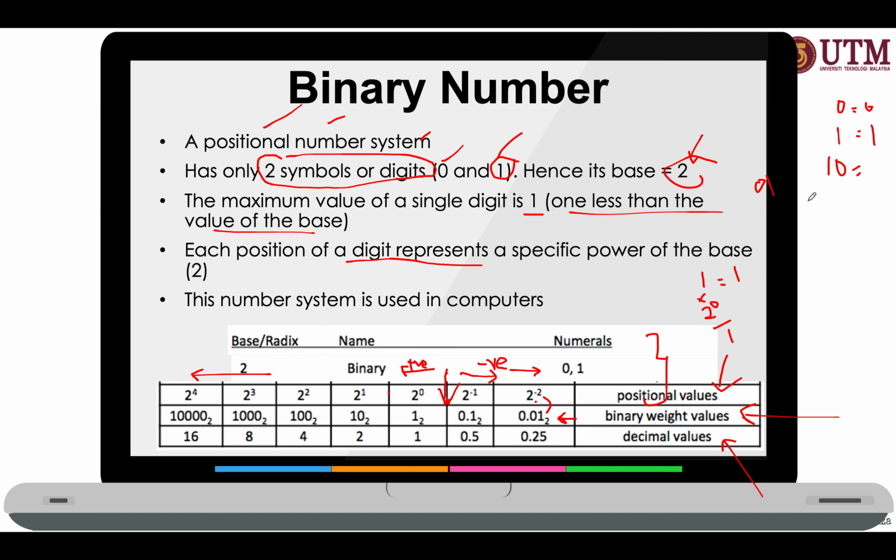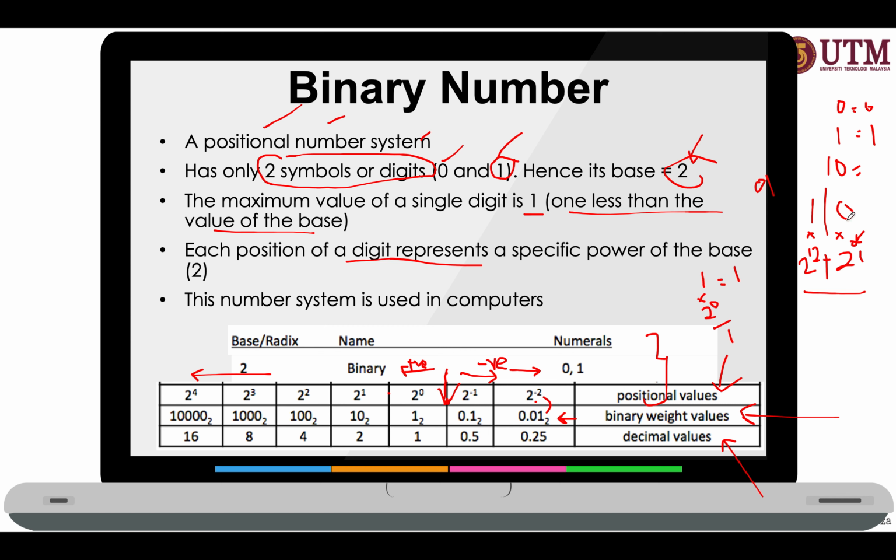What is basically 1, 0? It is 0 times to the power of 0, and then this one is 1, you multiply with to the power of 1. To the power of 1 you can calculate by yourself, it is 2, and then to the power of 0 you get 1. So every single digit with power of 0, you will get 1.